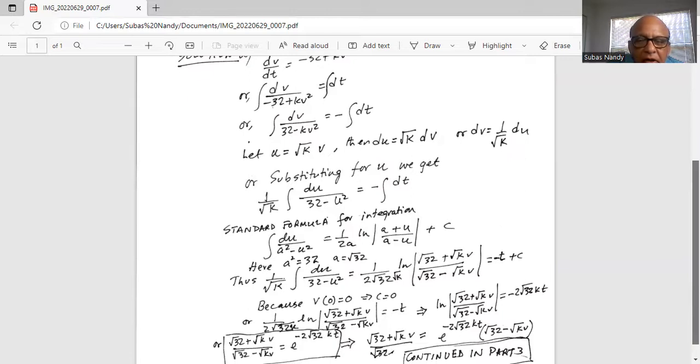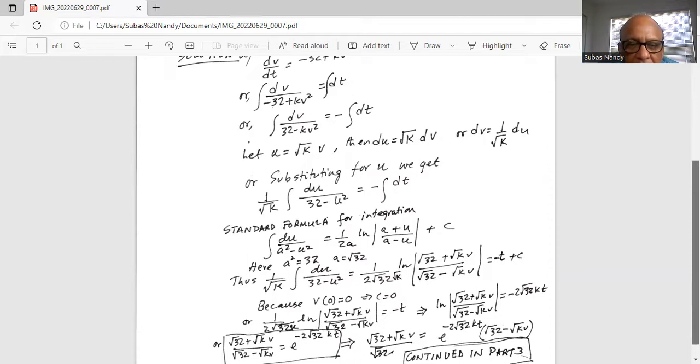We have on the right hand side of the equal to sign integration of dt, which is minus t plus c, the integration constant. Because velocity is 0 at time equal to 0, therefore c is also equal to 0.